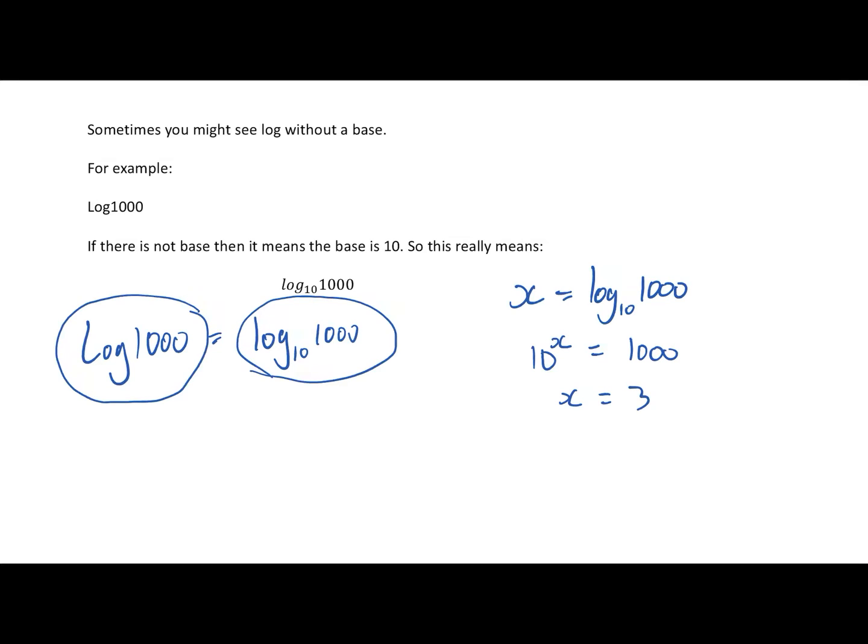X equals log base 10 of 1000. Change it into exponential. It means 10 to the power of x equals 1000. X is equal to 3. So log 1000 is equal to 3. If there is no base written there, then the base is 10.